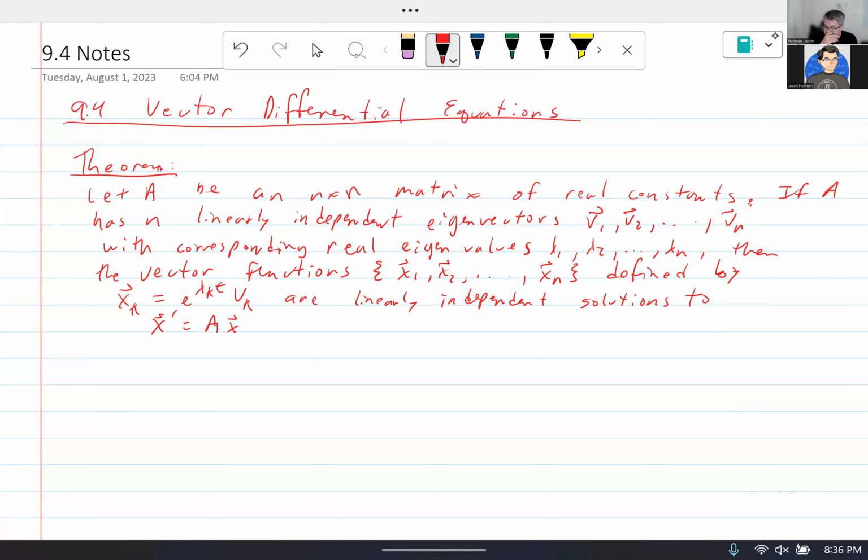Okay, so that homogeneous differential equation on any interval, and the general solution is x of t is equal to c1 x1 plus c2 x2 plus ... plus c n xn.